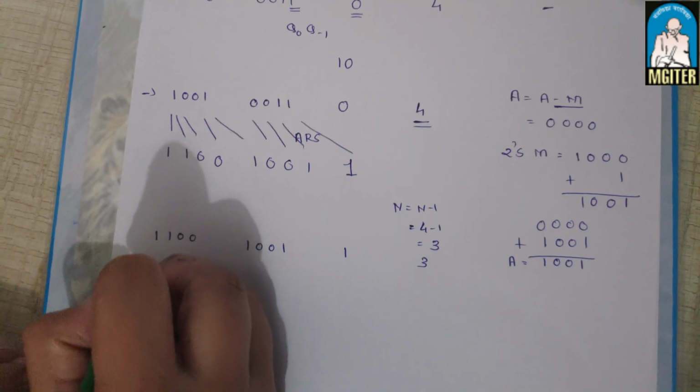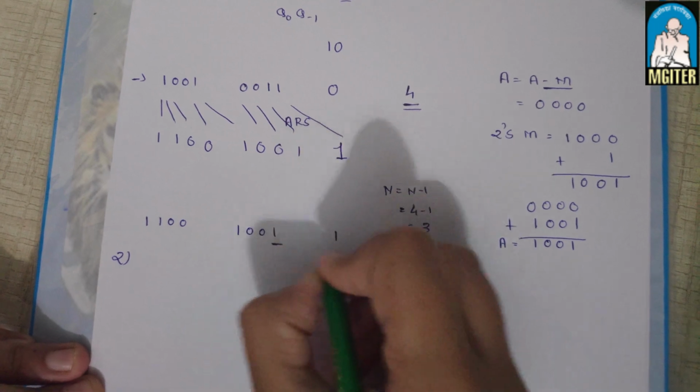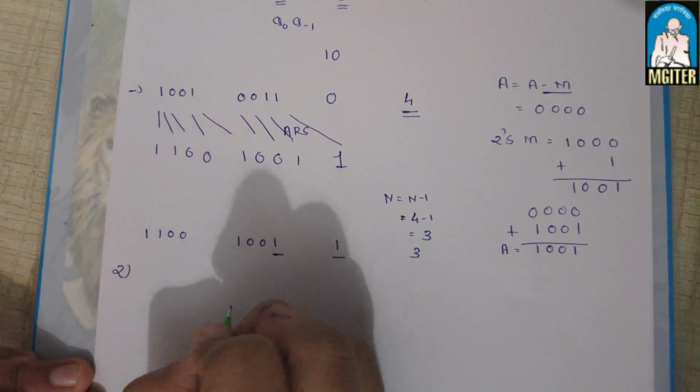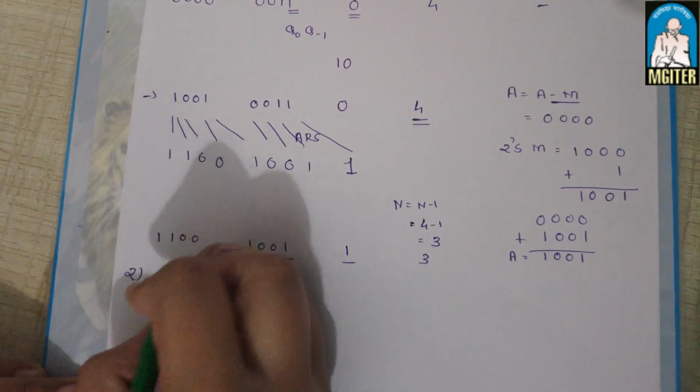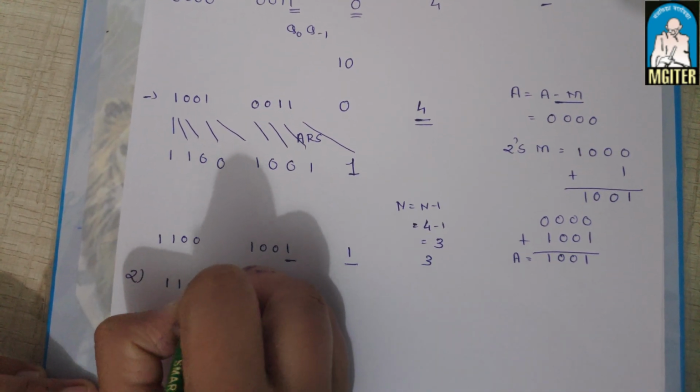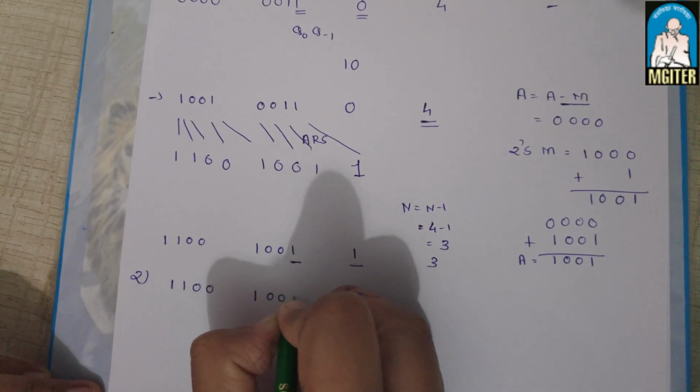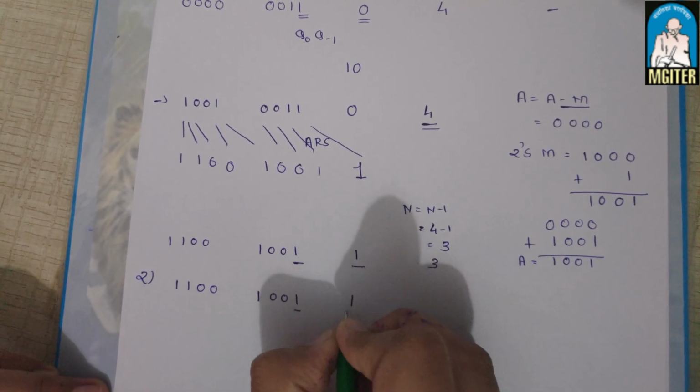In the second step we have to check q0 and q minus 1. This is our 1 1. So for 1 1 we have to perform arithmetic right shift directly. So 1 1 0 0 1 0 0 1 1.